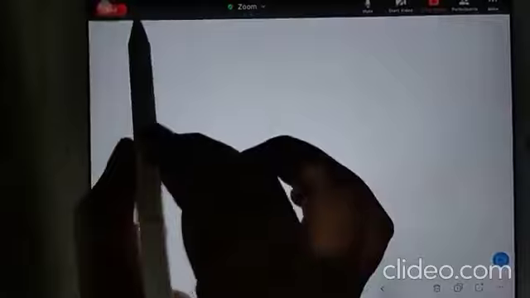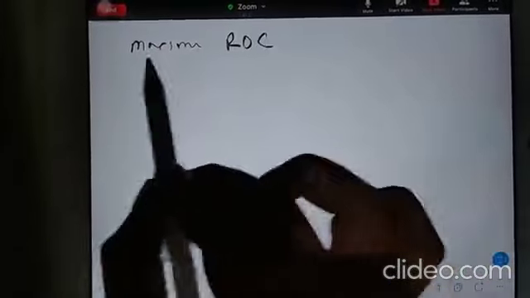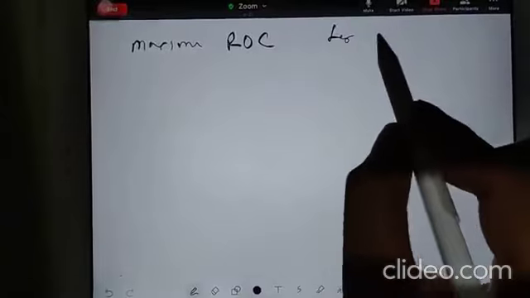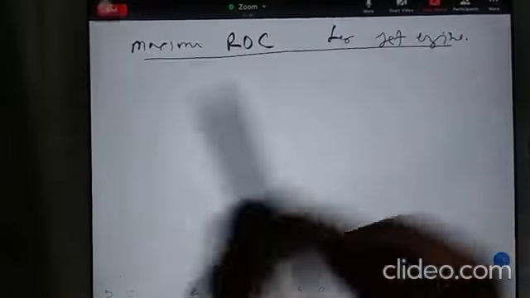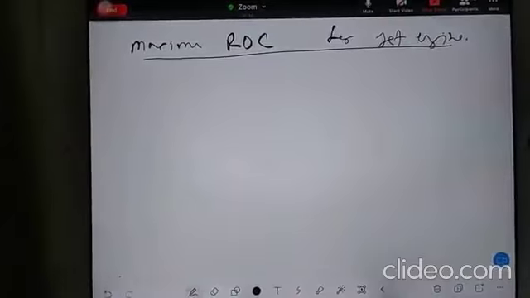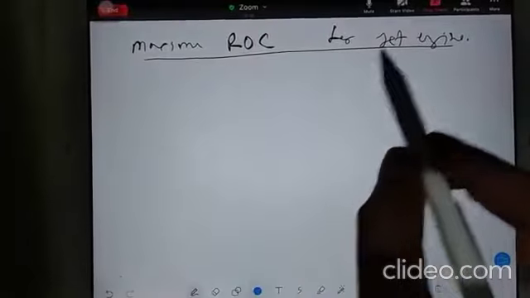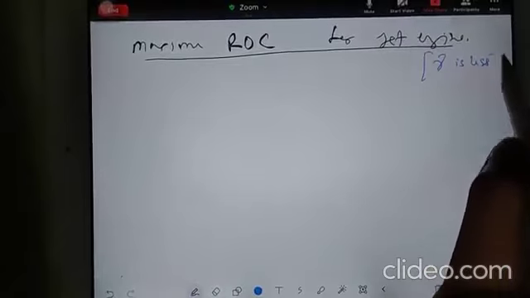So your next topic is maximum rate of climb for jet engine. If you are having a jet engine, then first of all we have to consider gamma is small.